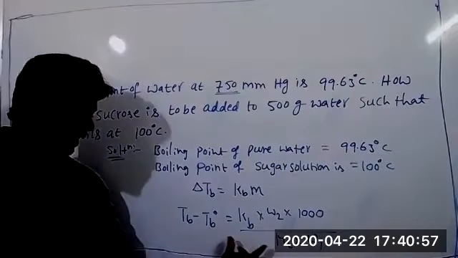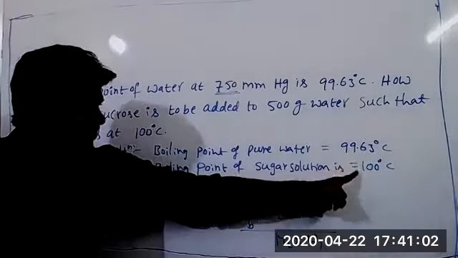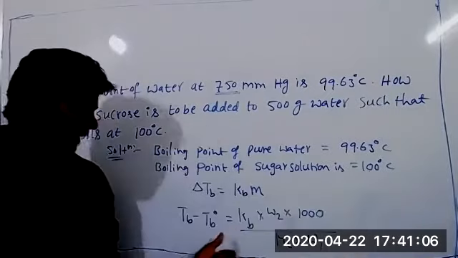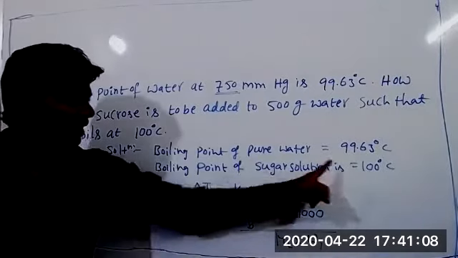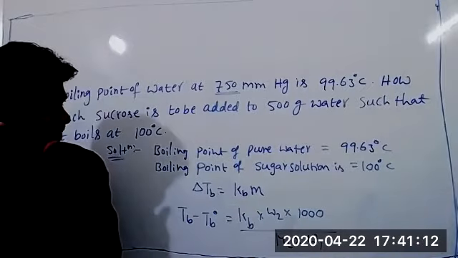Okay, see carefully. TB minus TB0 means the difference between these two. TB refers to the boiling point of the solution. TB0 refers only to the boiling point of pure water, 99.63. The difference is only 0.37.